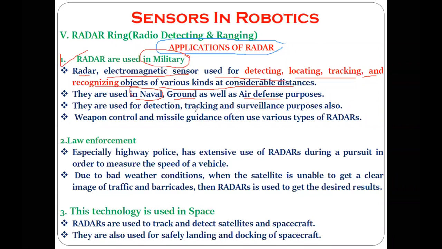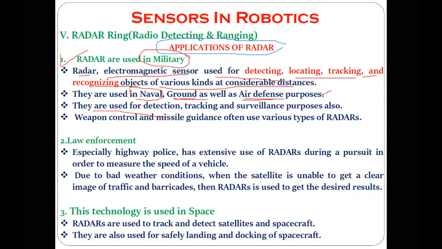On the ground, vehicles of an opponent country can be detected by the radar. If somebody is trying to cross the border, that can also be detected. In air defense, if another country's airplane is crossing the aerial border and trying to come into our country, this is also detected by the radar.